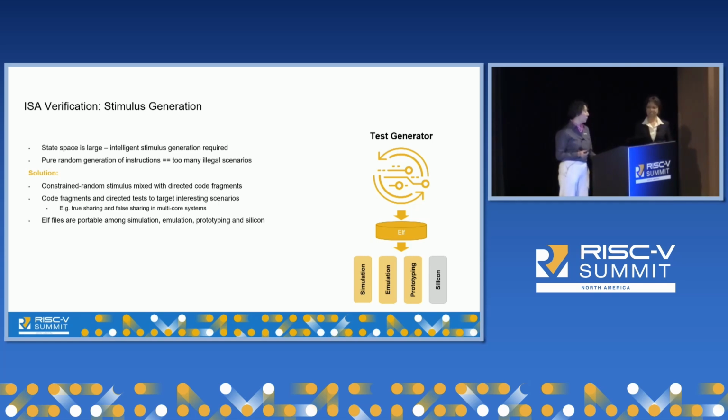Pure random generation would be impractical. So what we need is a stimulus generator that mixes constrained random with directed code fragments that target interesting scenarios. Such a test generator can produce ELF files, and ELF files are inherently portable, so that allows you to reuse the stimulus across different platforms from simulation to silicon.